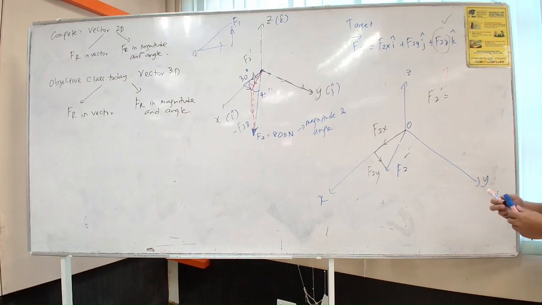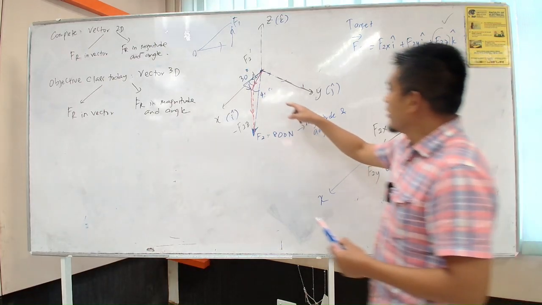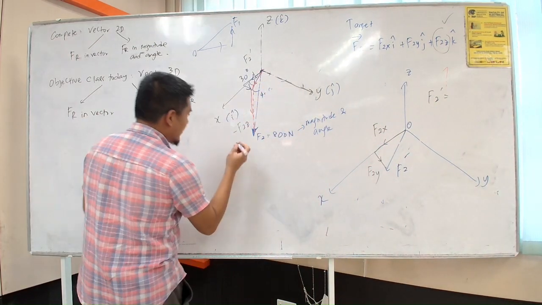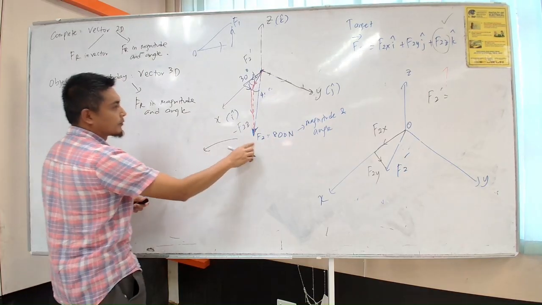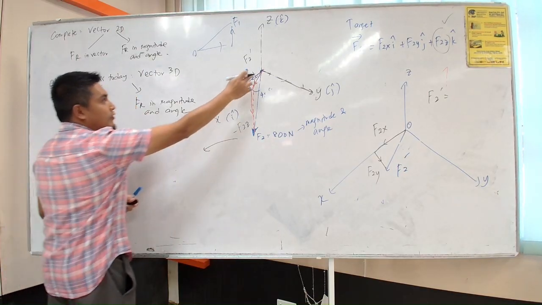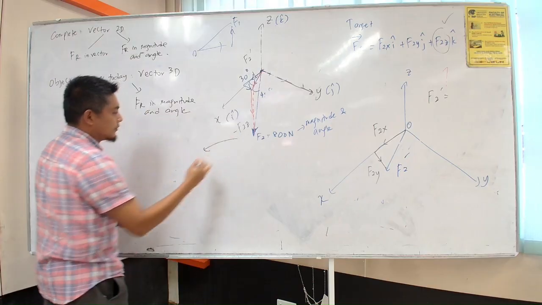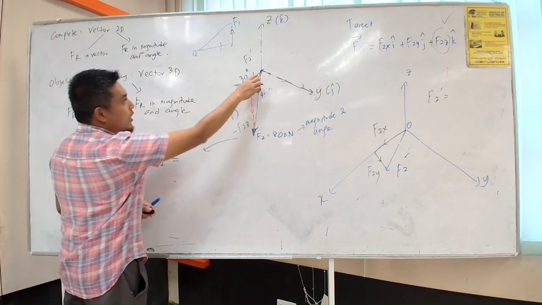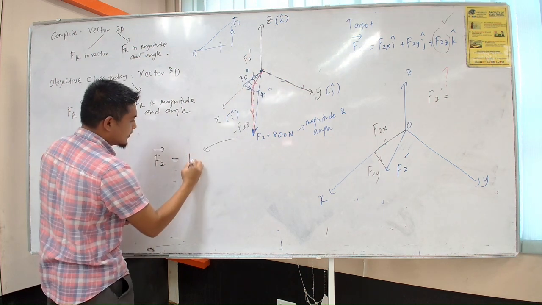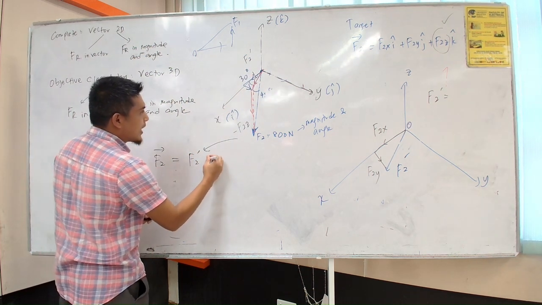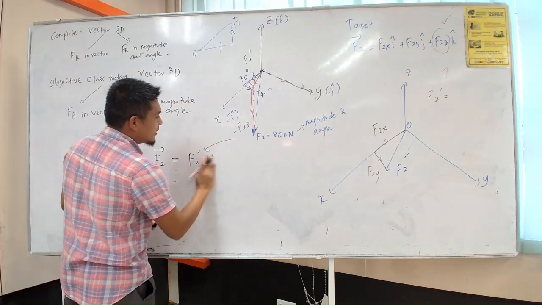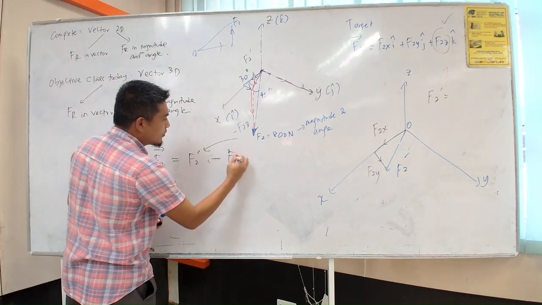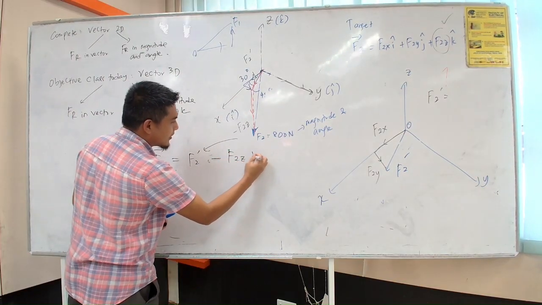So, if I try to draw it again, based on the red vector, F2 equal to F2 prime here, plus with minus with F2Z in K direction.